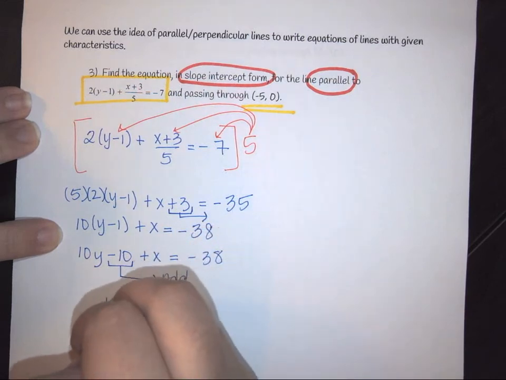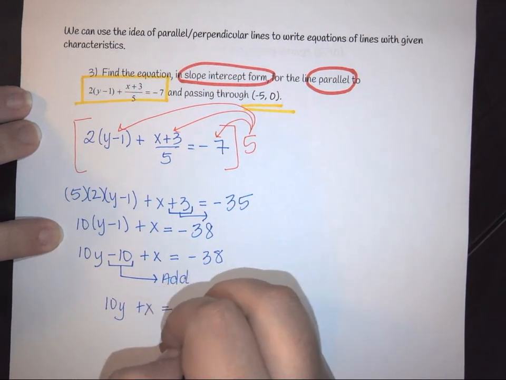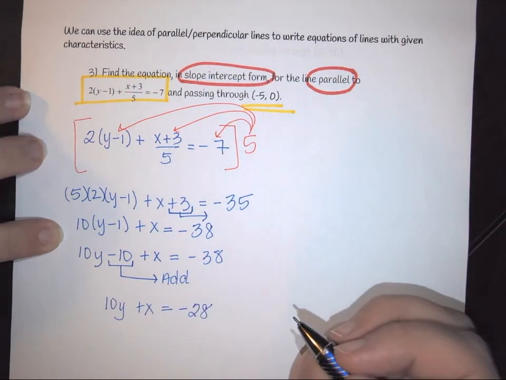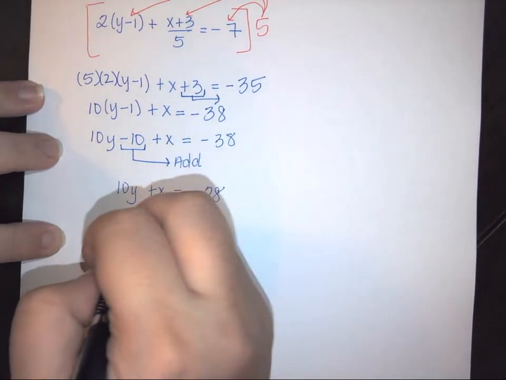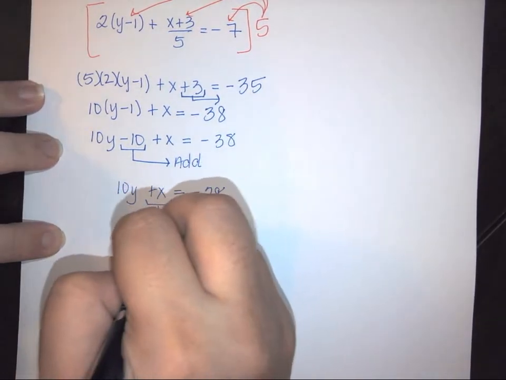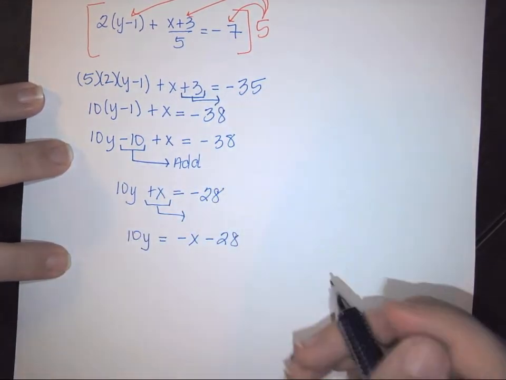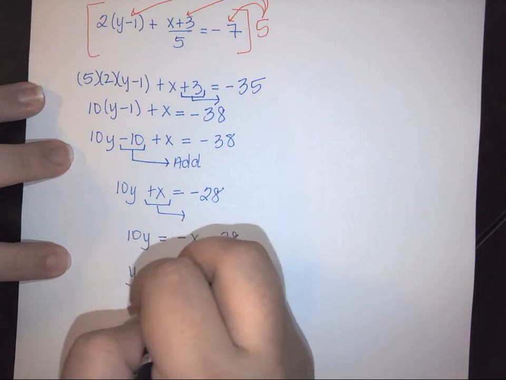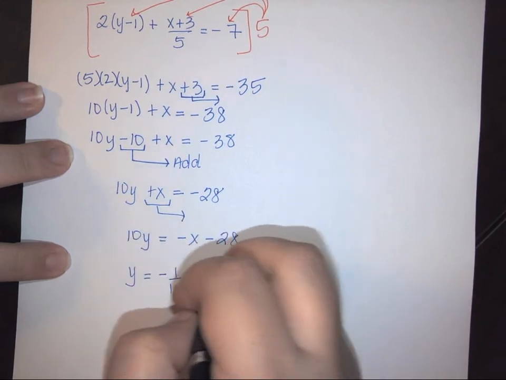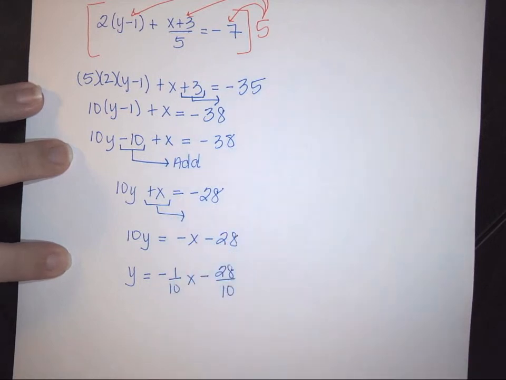So 10y plus x is equal to negative 28. I need to move my x over. So I've got my 10y is equal to negative x minus 28. Divide everything by 10. So y is equal to negative 1/10 x, and then minus 28 over 10.